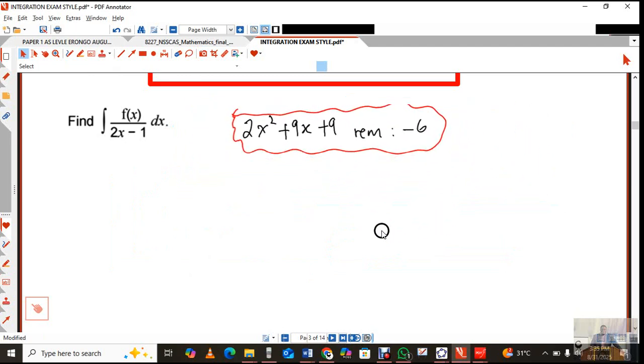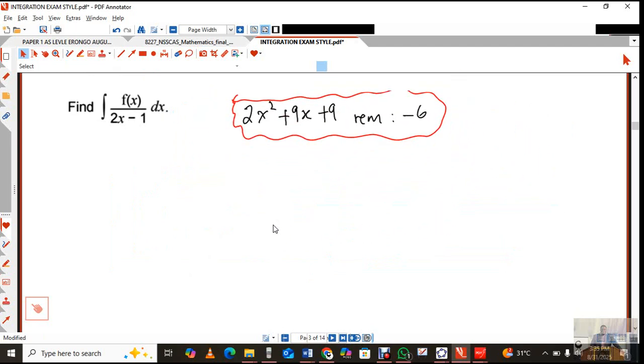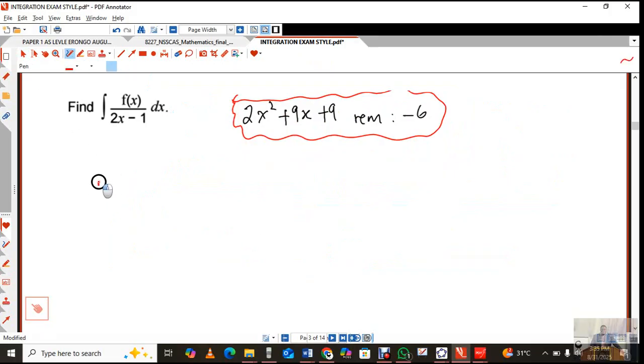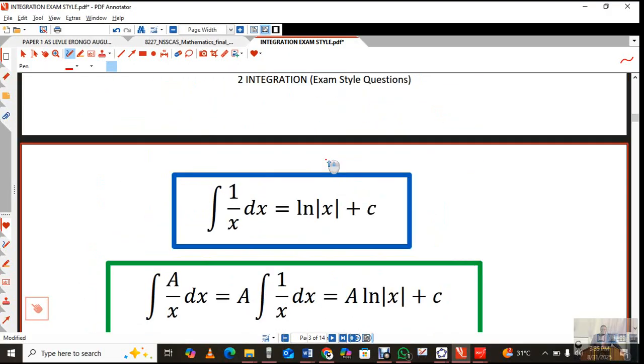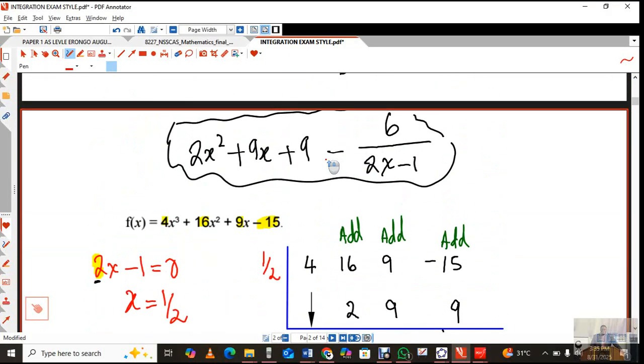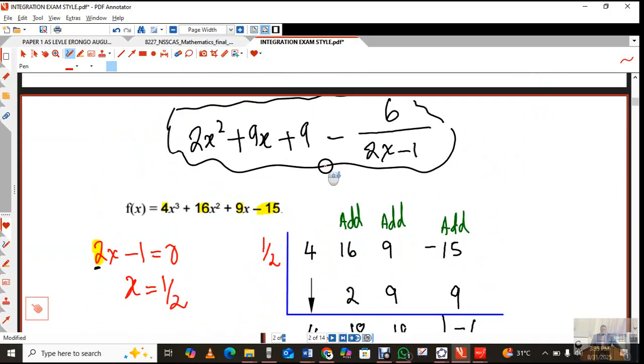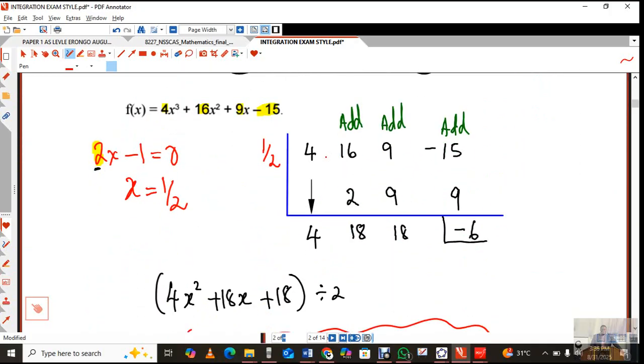Now, remember, I wrote the remainder upon that the other way. So basically, what it means, you will have to do the integral of f of x, which is what this has become. Because you follow that we have our f of x. Just want to make sure that we are on the right path.